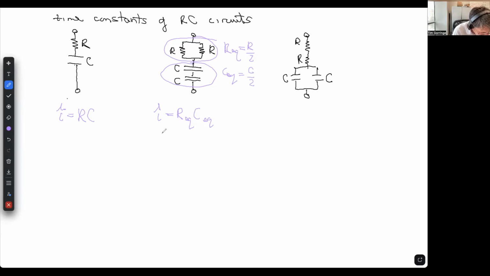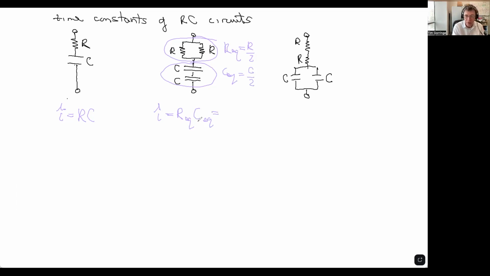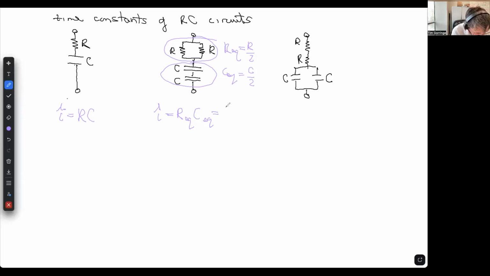Well, at this point, we can just go back to our master equation here for the time constant. We now know the equivalent resistance, equivalent capacitance. We can just plug them in. We've got R over 2 times C over 2, and that's just RC divided by 4, 2 times 2.